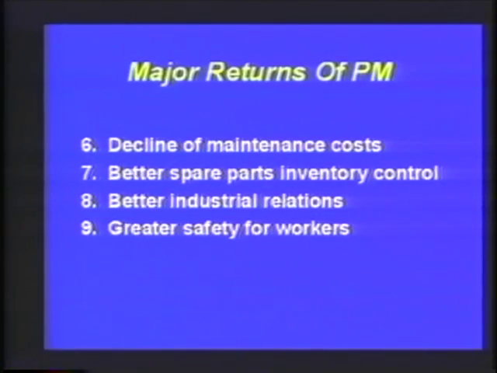It's kind of hard to put a dollar and cent on greater safety or better industrial relations. And I'm taking 8 and 9 and talking about both of those simultaneously. But you're going to see that there could be a tremendous attitude change on the part of not only the labor in the shop, but also the labor in the maintenance department.